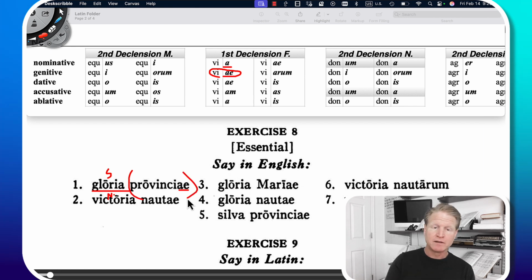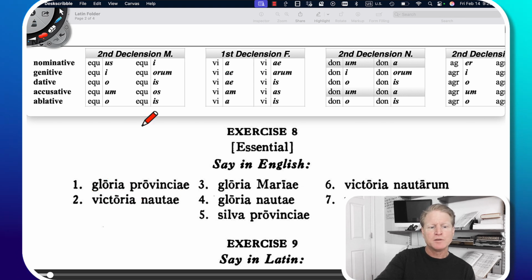Some people will say in a restored classical pronunciation, provinciae. So provinciae is the word. So we have Gloria provinciae, the glory, and whenever we use the genitive case, we're going to use the word of or an apostrophe. We'll talk about that down below in exercise 9, but we'll use the word of. So the glory of the province.